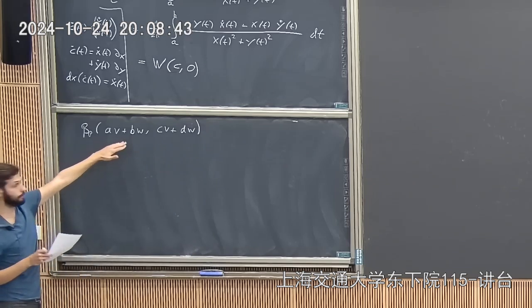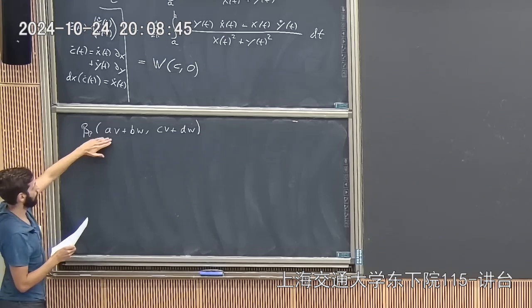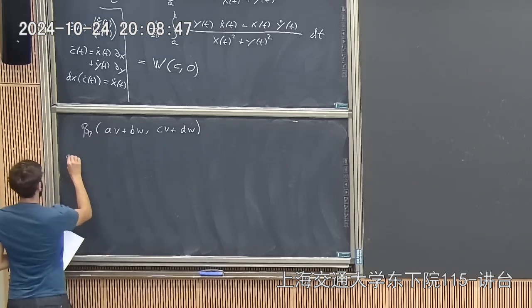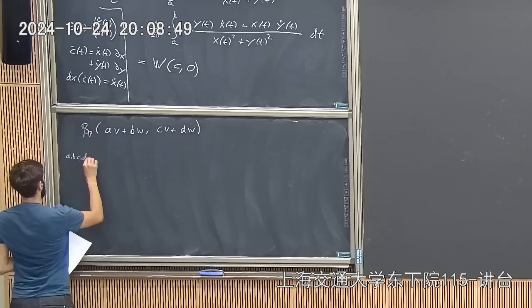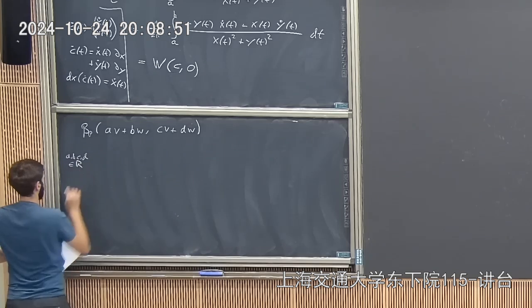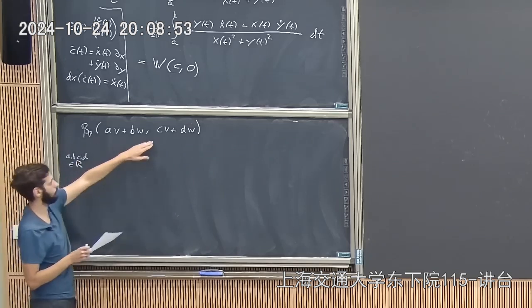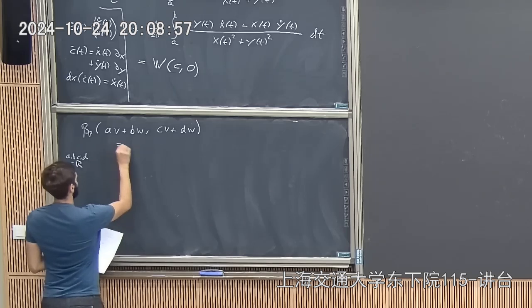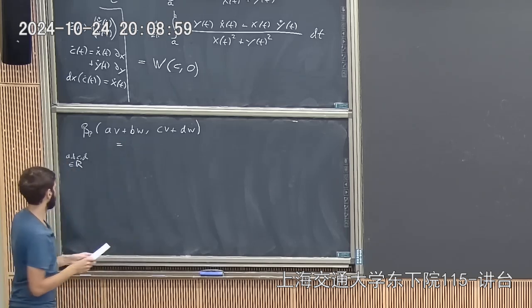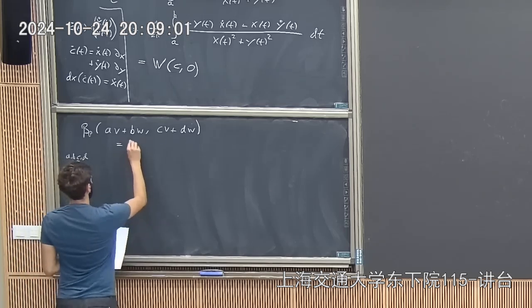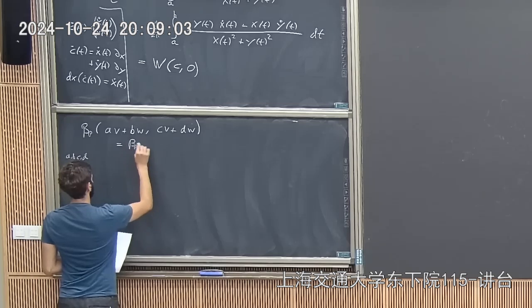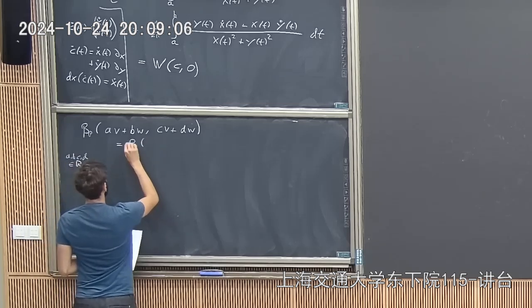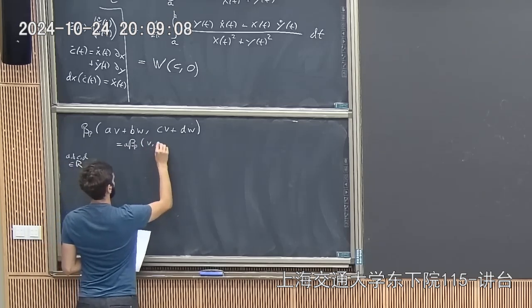So let's just go back to the definitions. A, B, C, and D are just some numbers, and V and W are some fixed tangent vectors. So what we do is we just use linearity in each of the arguments. There, we first do it in the first one.